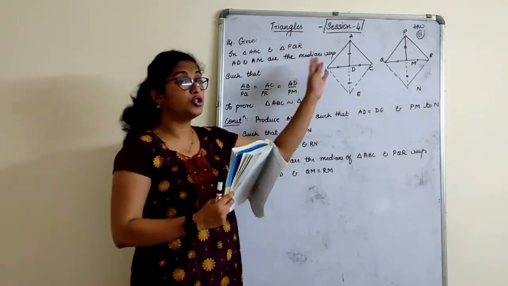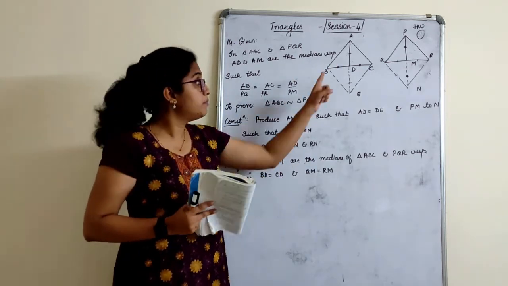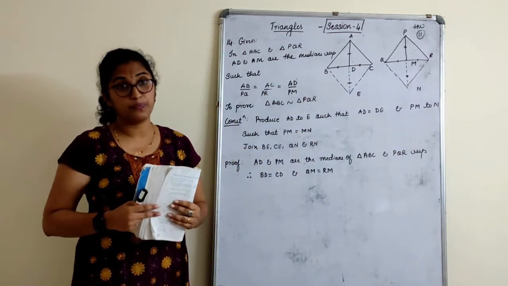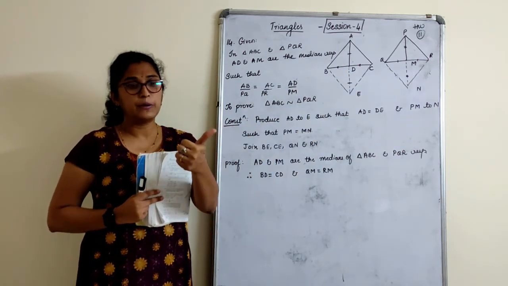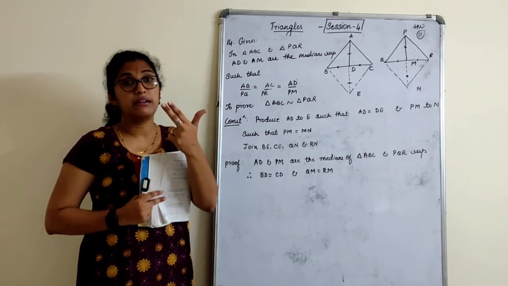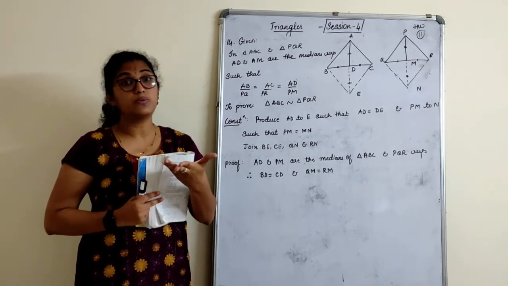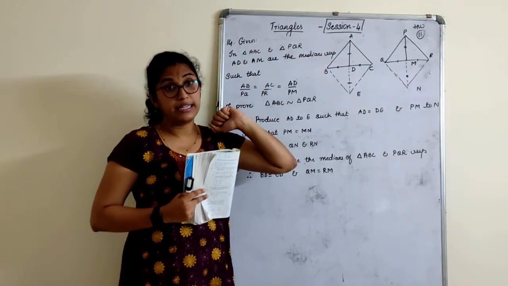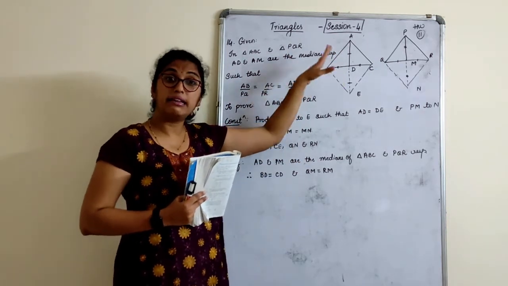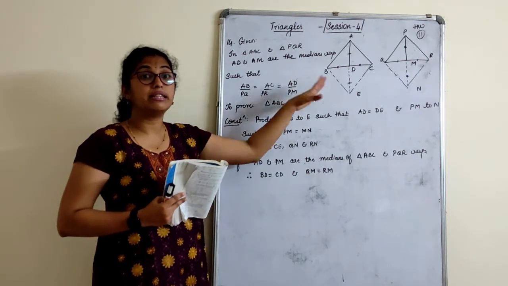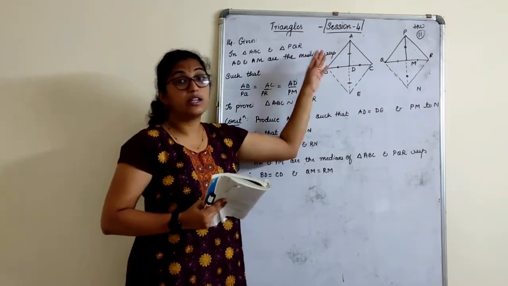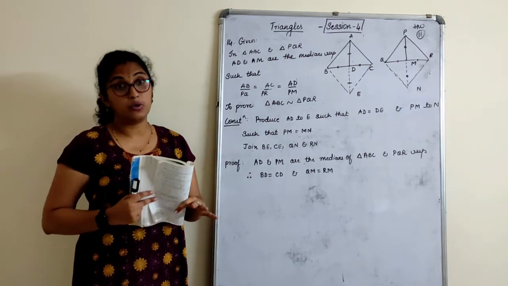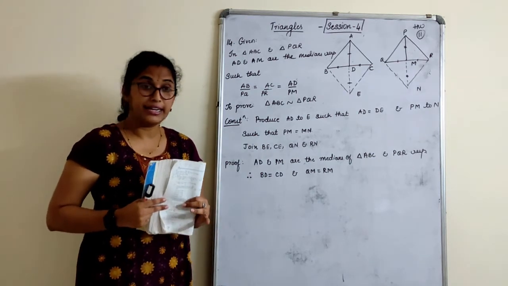Now see here you should know which quadrilateral property will satisfy if diagonals bisect each other. Parallelogram will satisfy. Square will satisfy, rectangle will satisfy, rhombus will satisfy. But I can't call this a square because angles are not 90. I can't call this a rectangle, angles are not 90. I can't call this a rhombus, all the sides are not equal, correct? But I can call this a parallelogram, no condition applied here, right?